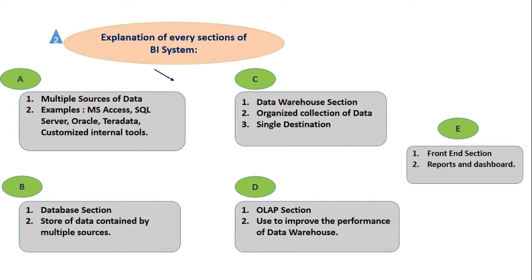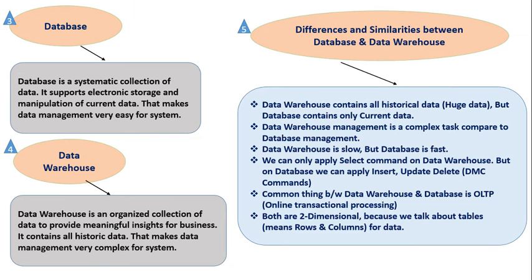The B section is the database section, the store of the data contained by multiple sources, and it contains the current data as well. The C section is the data warehouse section, an organized collection of data, and obviously a single destination. D is the OLAP section, the online analytical processing section. It is used to improve the performance of the data warehouse. The E section is the front end section. Here we create our reports and dashboards for end users.